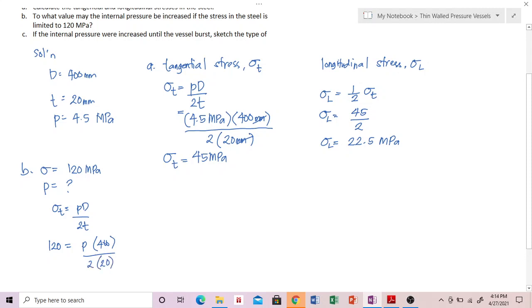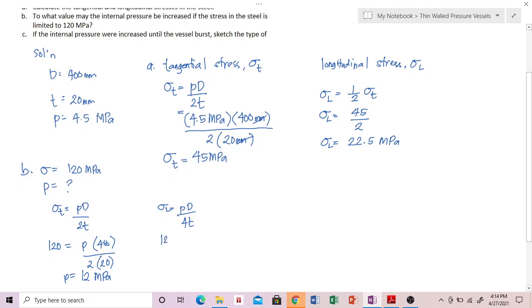magkakaroon ka ng P multiplied by 400 over twice of 20. So, what is the internal pressure? Okay, the internal pressure is 12 megapascal, considering yung tangential stress. Pag kinonsider naman natin yung longitudinal stress, meron tayong PD over 4T.